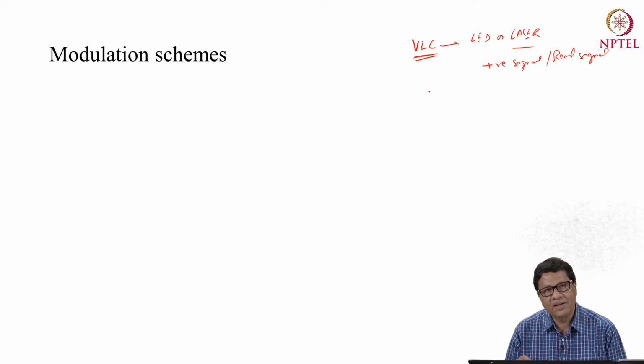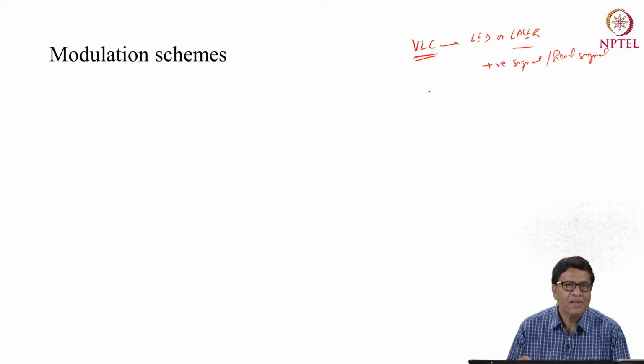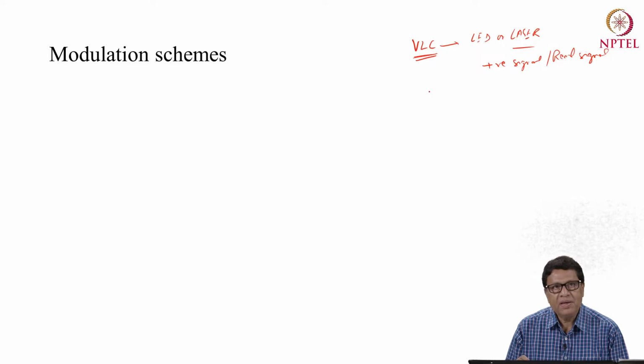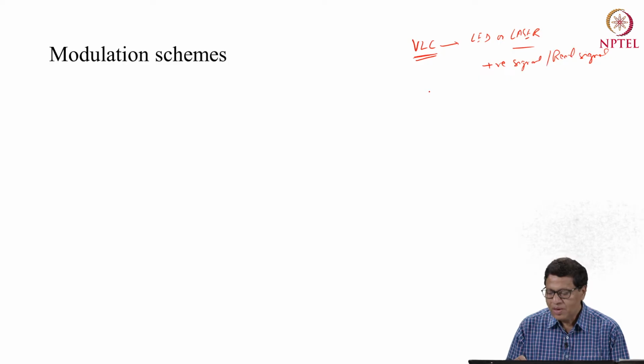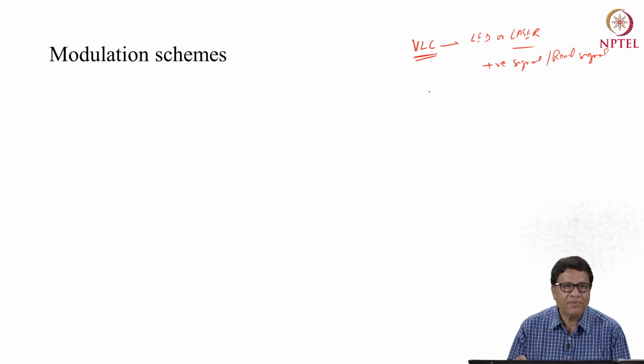The optical wireless channel bandwidth is also limited. There may be huge bandwidth available in the visible spectrum or IR spectrum, but it is limited by the bandwidth of the devices. So we need a modulation scheme which is bandwidth efficient.